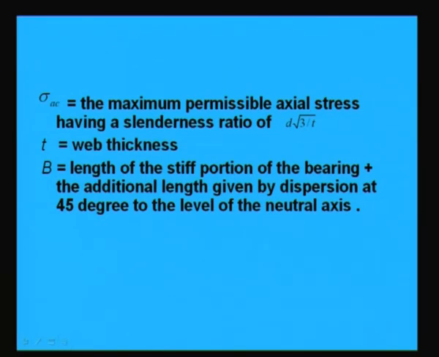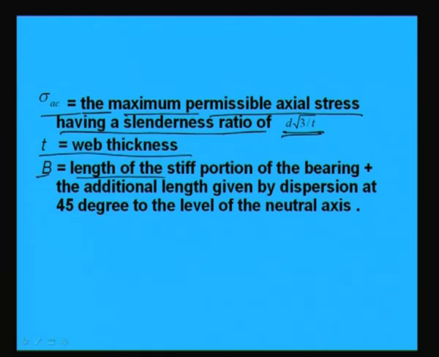Sigma AC is the maximum permissible axial stress having a slenderness ratio of d root 3 by T. How it comes, I will derive later, where T is the web thickness and B is the length of the stiff portion of the bearing plus the additional length given by dispersion at 45 degrees to the level of the neutral axis. These things will be clear when I derive them.